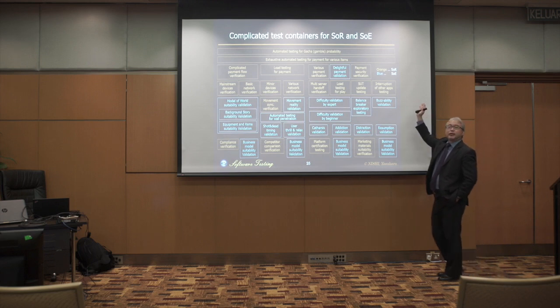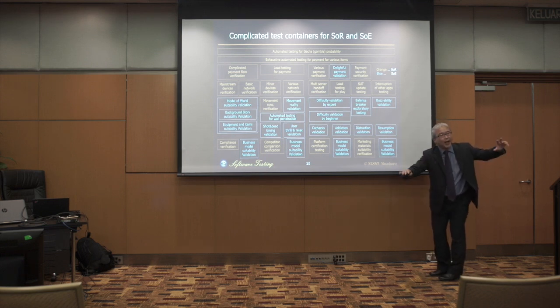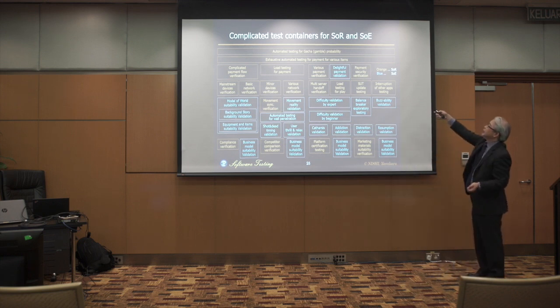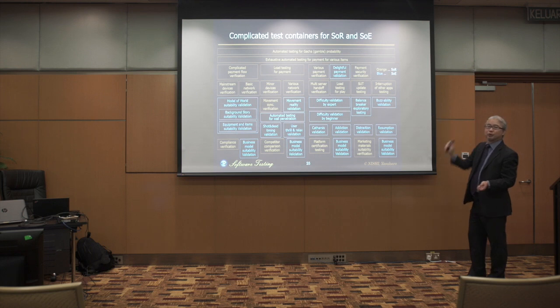Using test containers or test viewpoints, you can separate and integrate. First, separate, and second, integrate the test cases between system of records, mode 1, and system of engagement, mode 2.